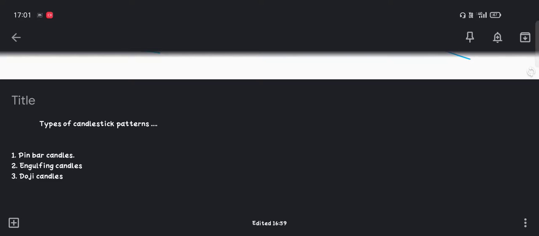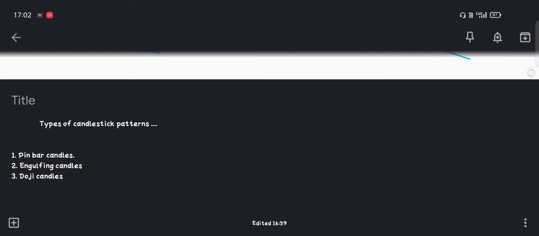And also one more disclaimer: after learning this kind of candles, never trade them in isolation. What it means is that you will see a number of candles which will form in this kind of nature, but you shouldn't take an entry based on these candles. These candlestick patterns are only for confirmation.